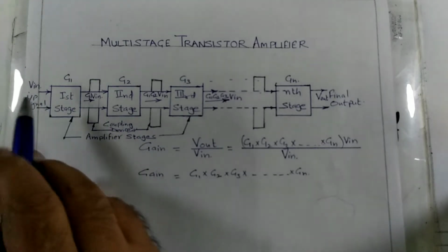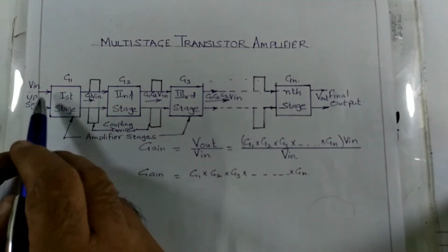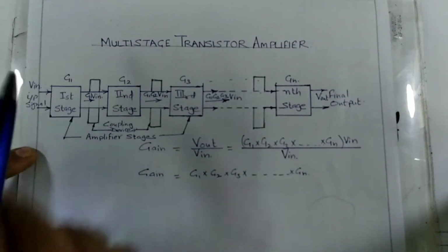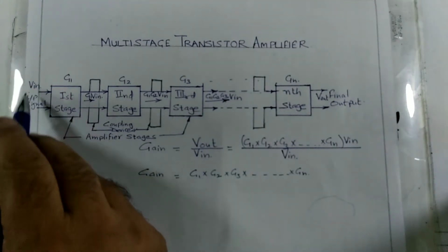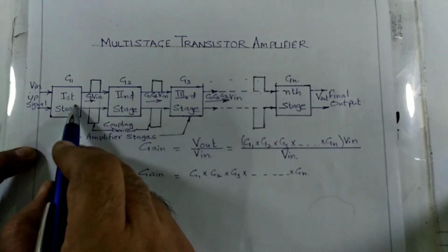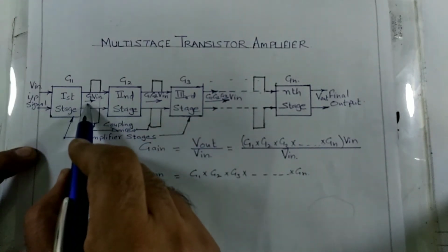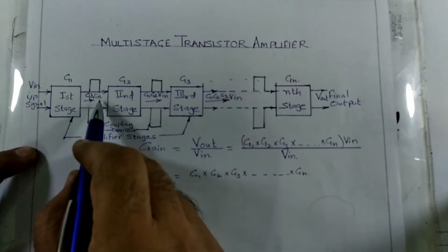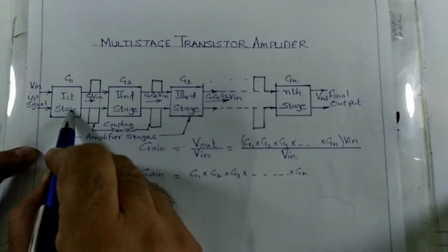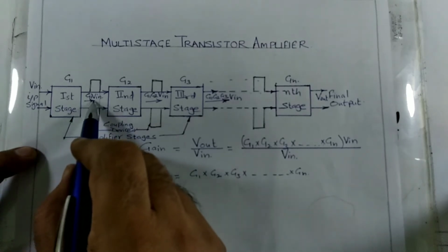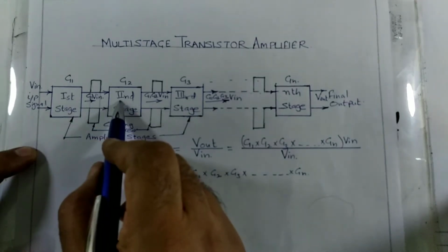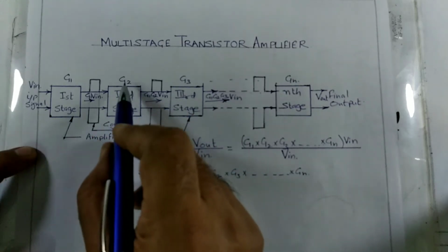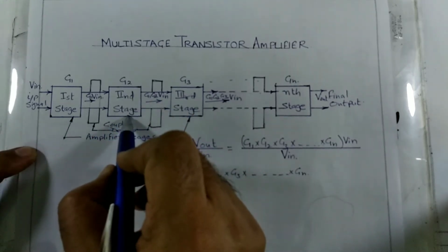Say the input signal to the first stage is Vin. Vin is the input to the first stage, whereas the output of the first stage is G1 Vin. That is the output of the first stage. Now G1 Vin is given as the input to the second stage through the coupling device, whereas G2 is the gain of the second stage.